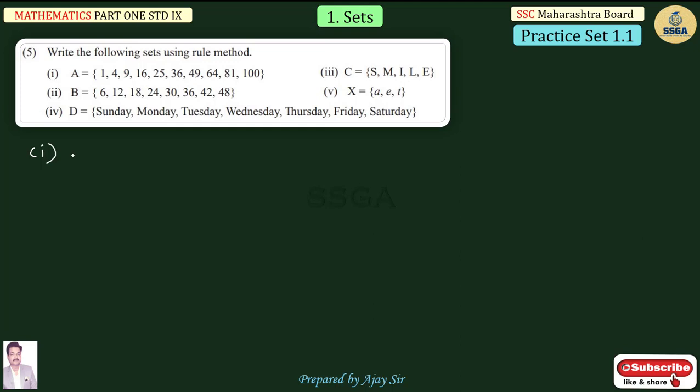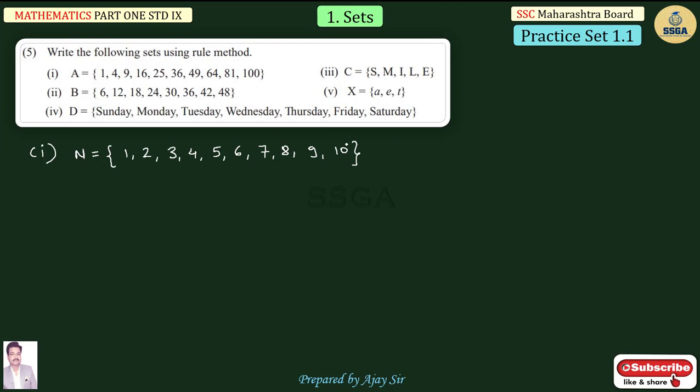So let us consider natural numbers. n is a natural number: 1, 2, 3, 4, 5, 6, 7, 8, 9 and 10. These are the elements, and the last element is 10 here.